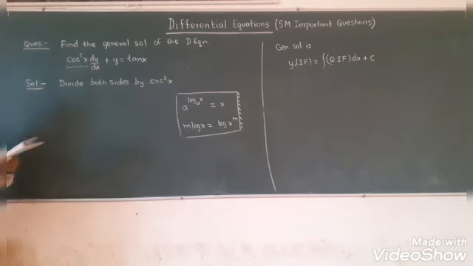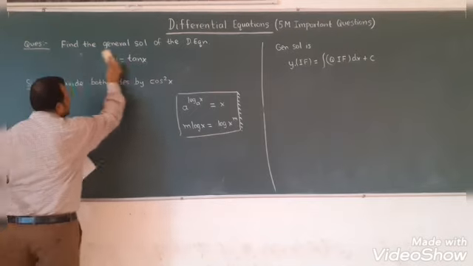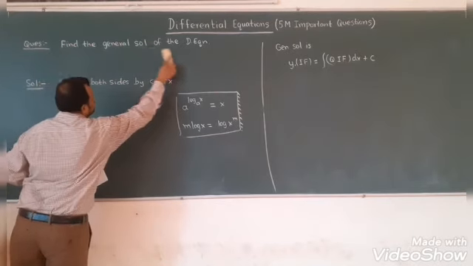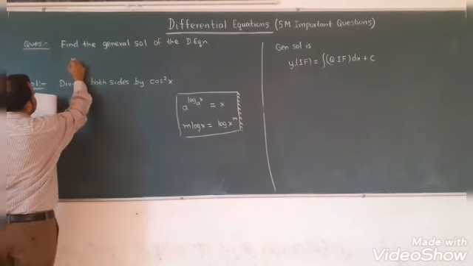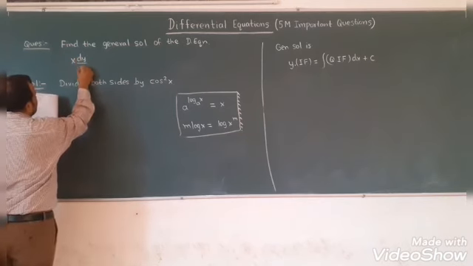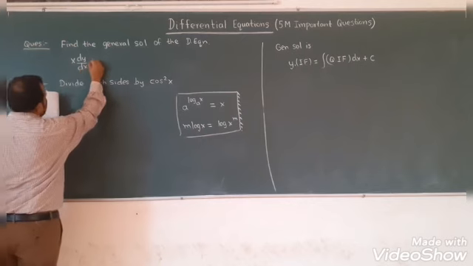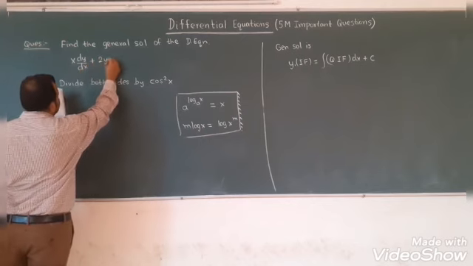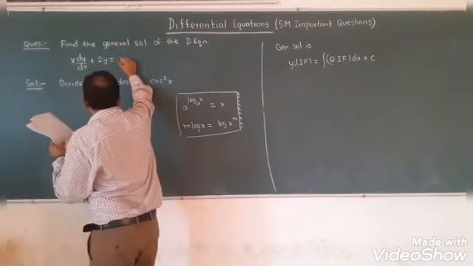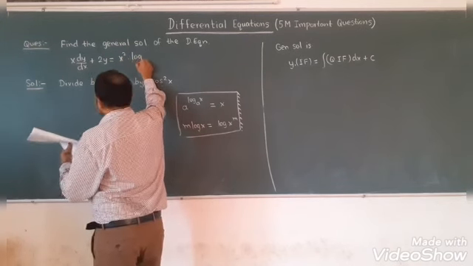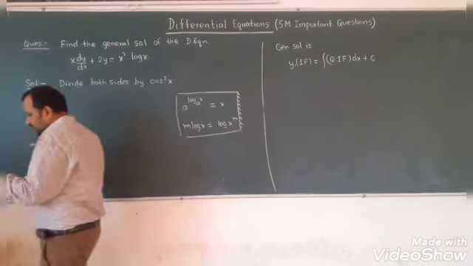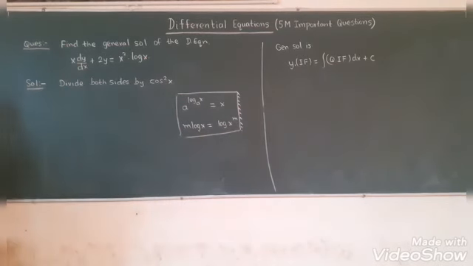The next question is: find the general solution of x dy by dx plus 2y is equal to x square into log x.